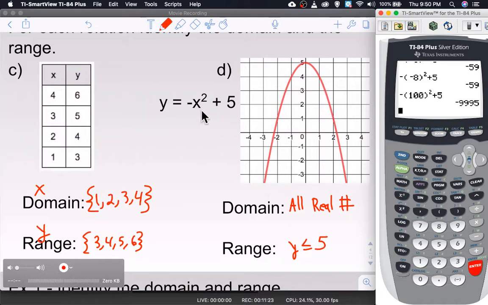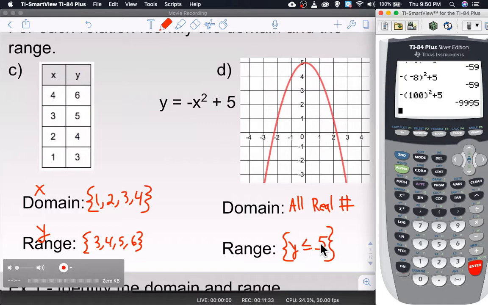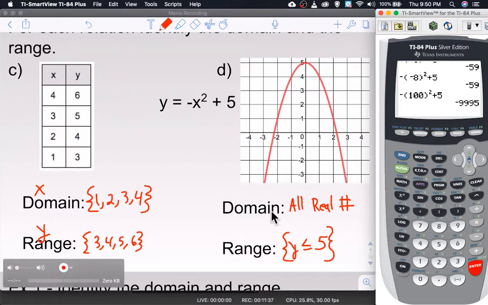You could never plug in a number here and get something bigger than 5. It does not exist. So my range are all numbers that are less than or equal to 5. Domain are the possible x values. This function exists everywhere in the x direction. The range are the possible y values. It exists from 5 down.